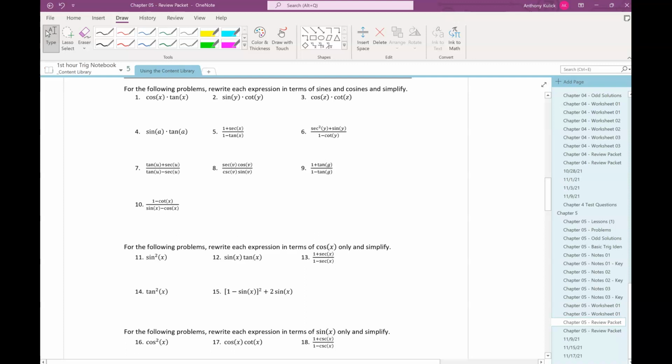Please hang on to this. I don't have infinitely many copies of this, so put this somewhere safe after you're done with it so that you can hang on to it and continue to use it. You can always print your own afterwards, because all this stuff is in the content library.